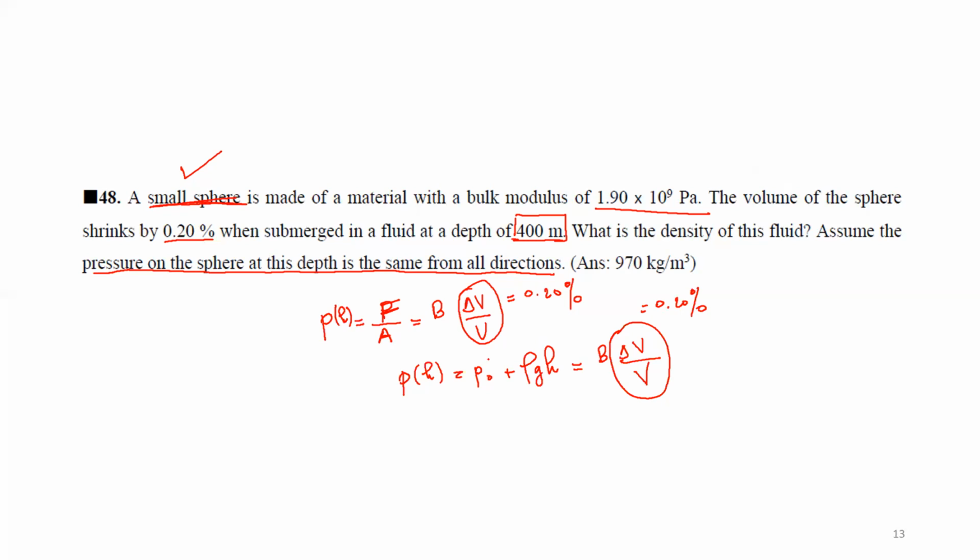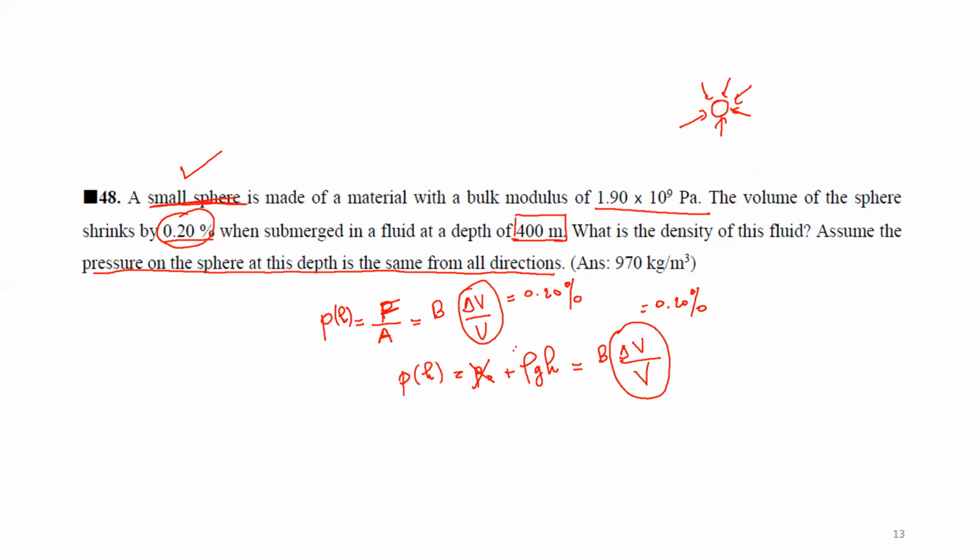So basically, the P naught does not play a role here, because before, my small sphere was in air under atmospheric pressure already. So this shrink of 0.20% is not due to the atmospheric pressure.